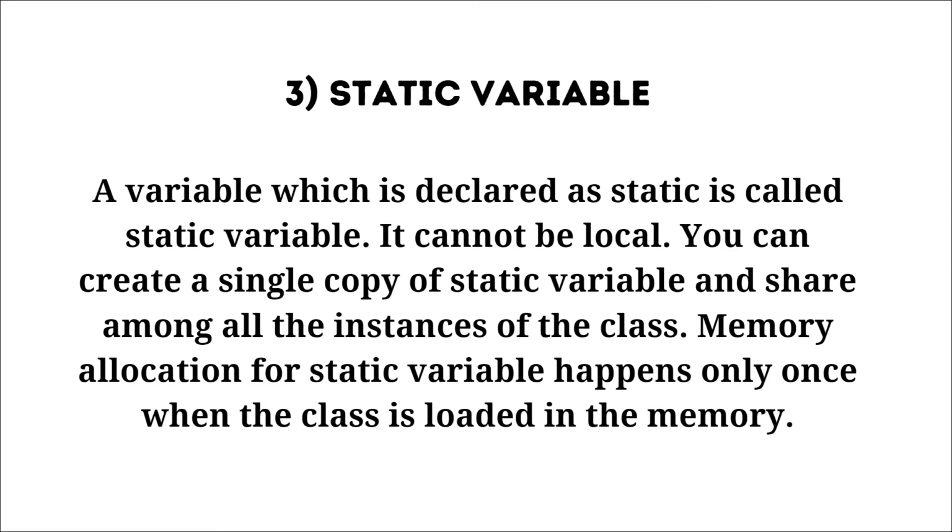I think you can understand the meaning of static: no one can remove it. So static variables are not removable. It cannot be local, because we can remove any local variable. You can create a single copy of that also, but you cannot remove it.